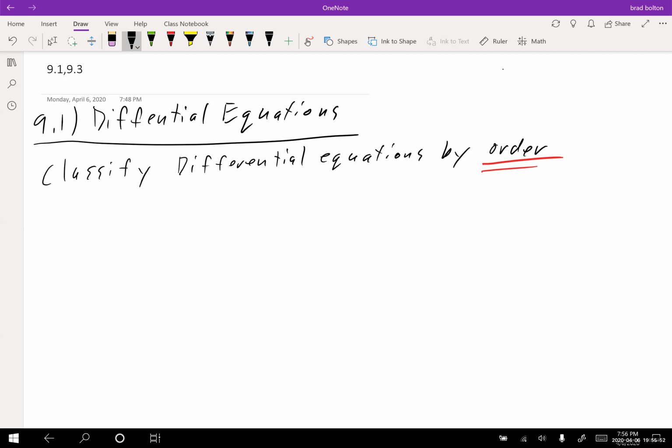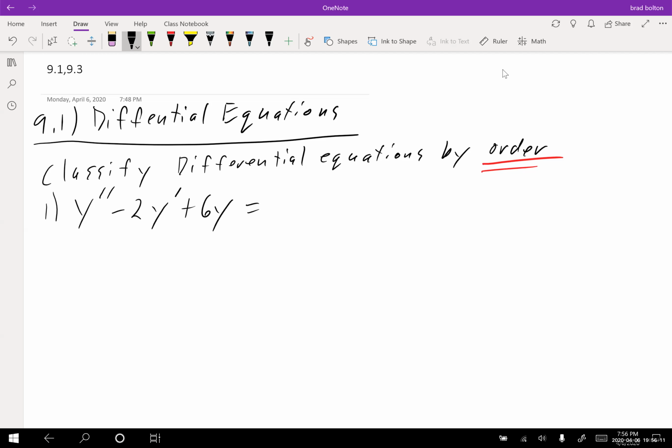But an example of this would be, suppose you had y double prime minus 2y prime plus 6y is equal to 0. This is the highest order derivative in this. The highest order is second.